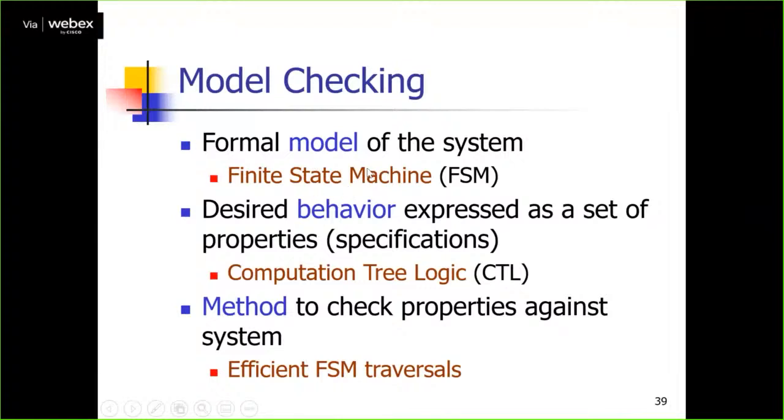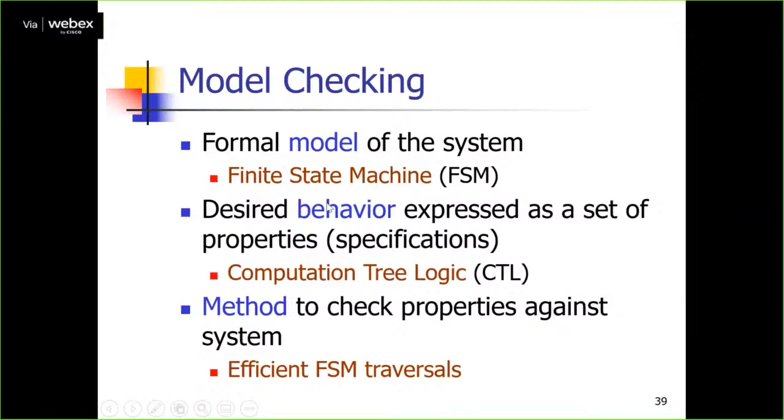Each state you are expressing in these FSMs needs to show its behavior with a set of properties or specs. For example, each state depends on a logic. That logic may be derived from something else or from itself. That type of logic is called computation tree logic. Every state you define, for its input and output values or its transitions, should be with respect to this logic, or CTL values.